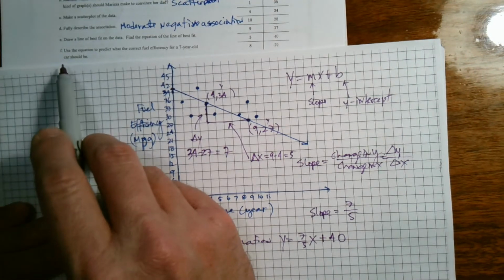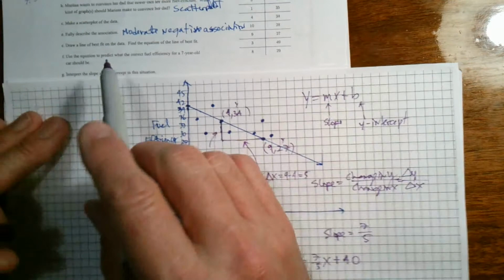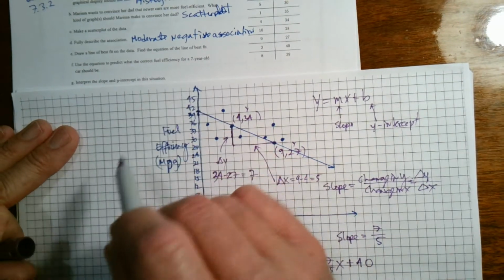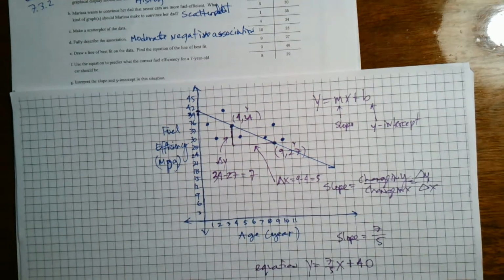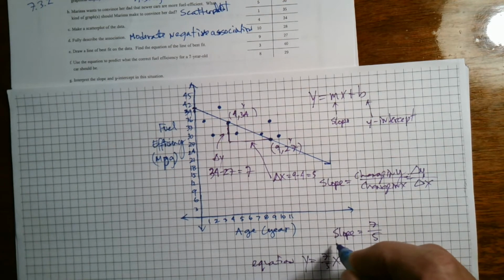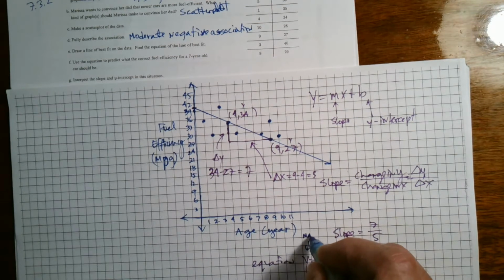So there's my equation of that line of best fit. Okay. Now, part F wants us to use the equation to predict what the correct fuel efficiency for a 7-year-old car should be. So remember, in this equation that I have, the Y represents what? The Y represents miles per gallon. That's my fuel efficiency.